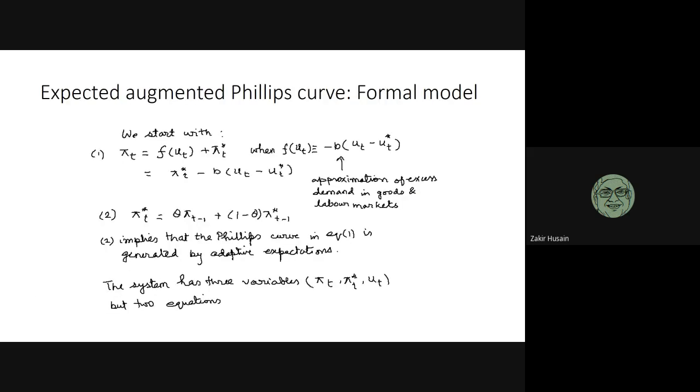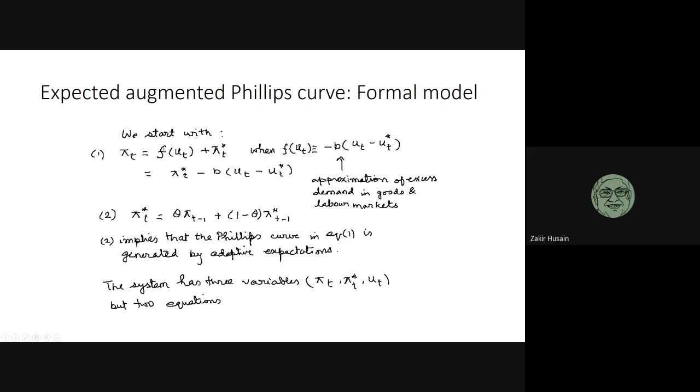Okay. Now let's develop the formal expectation augmented Phillips curve. This part was the original Phillips curve. We add pi star t, inflation.